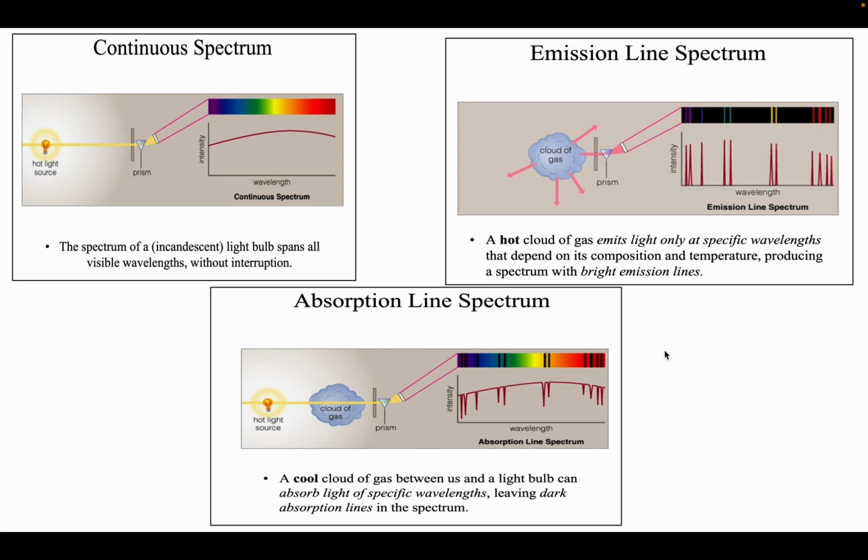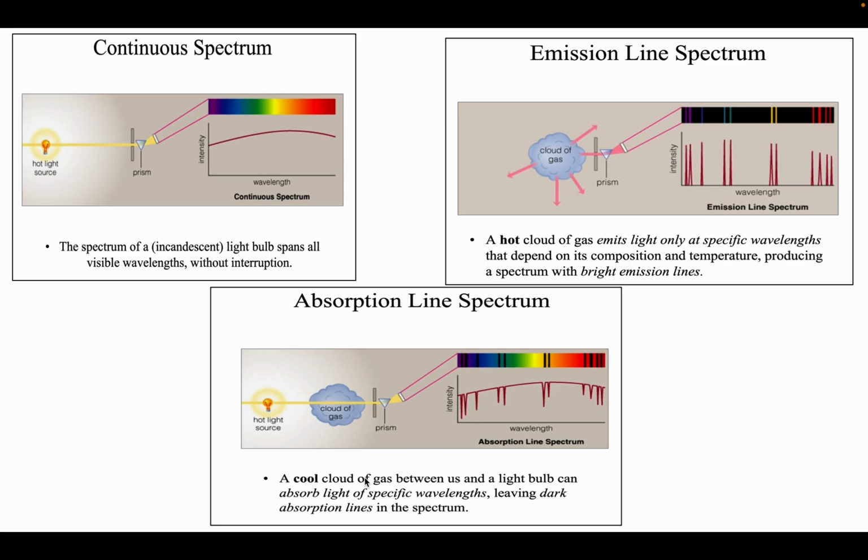And another type of spectrum is the absorption line spectrum, when there is a source of light and above it you place a cool cloud of gas. This hot light passes through the cloud of gas, and some part of it gets absorbed.